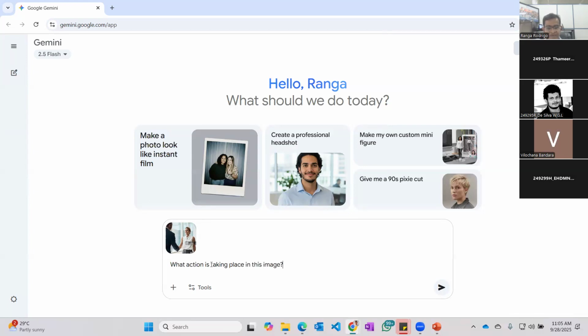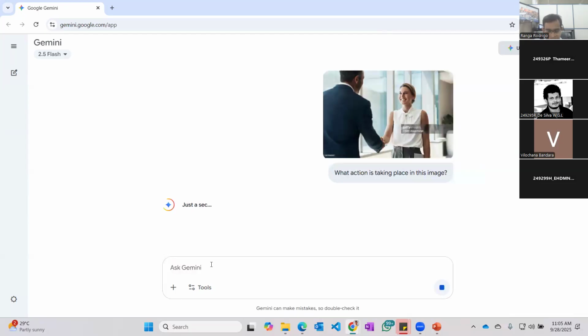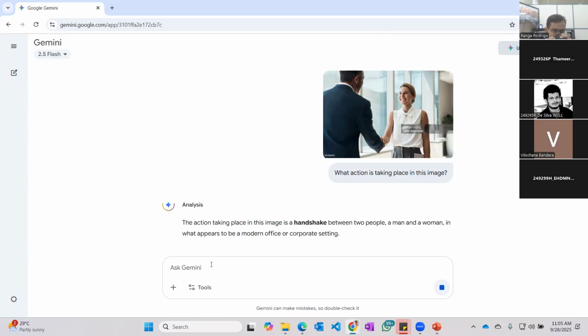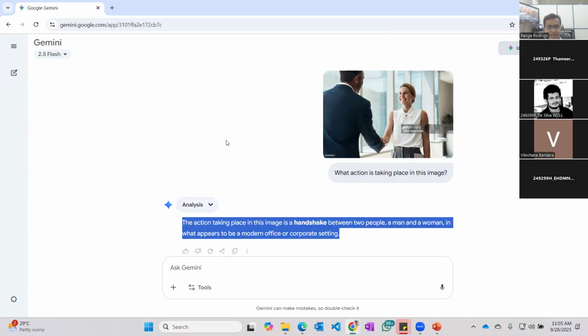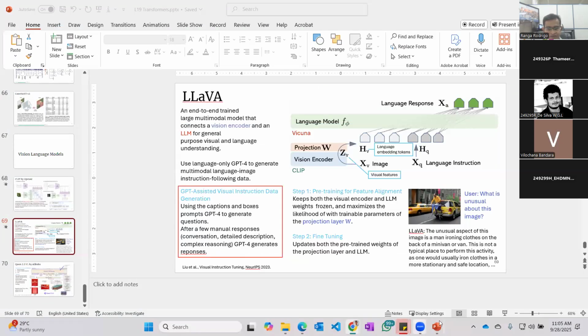So you give the language query, right? Then it will produce a language output. Beautiful, right? That's the kind of thing we are talking about.